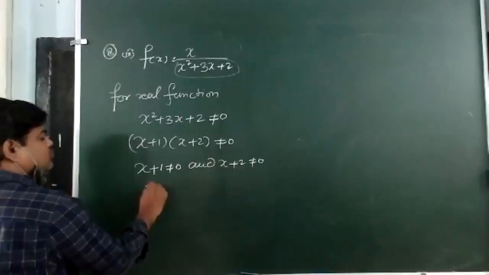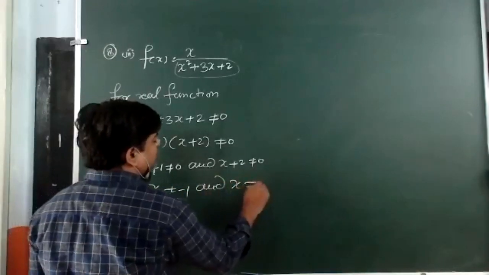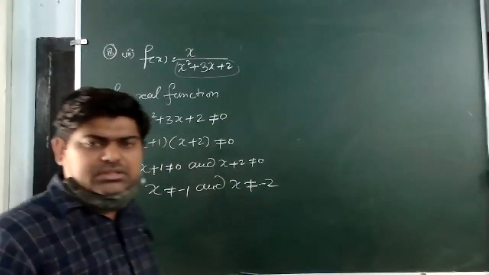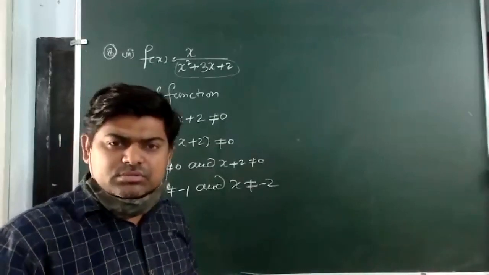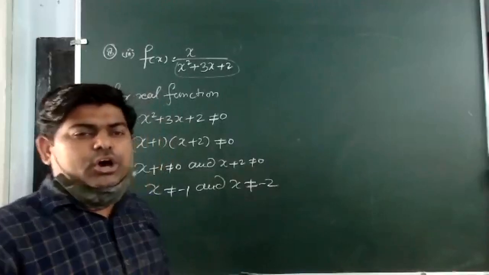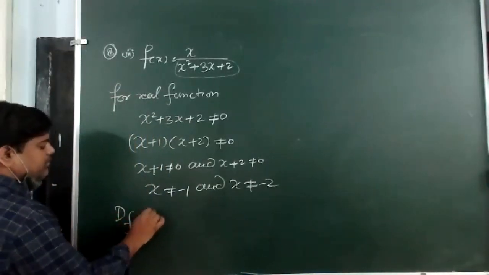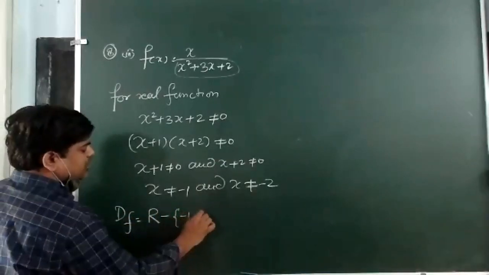It means what? x should not be equal to -1 and x should not be equal to -2. Now, what can I write? The domain of f will be all the real numbers except -1 and -2.